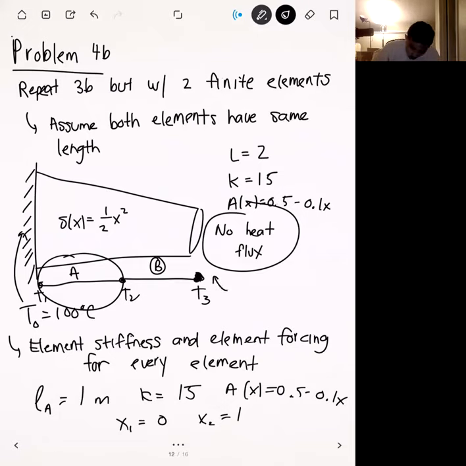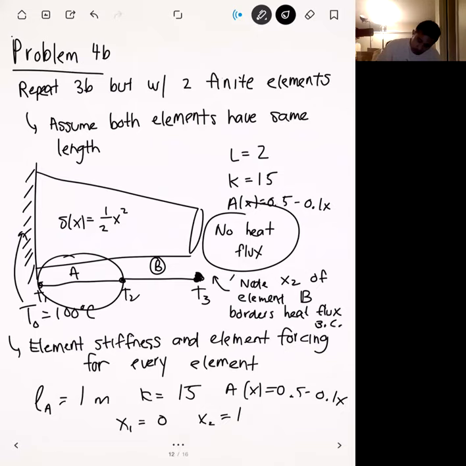So node x2 of element 2 borders the heat flux BC.